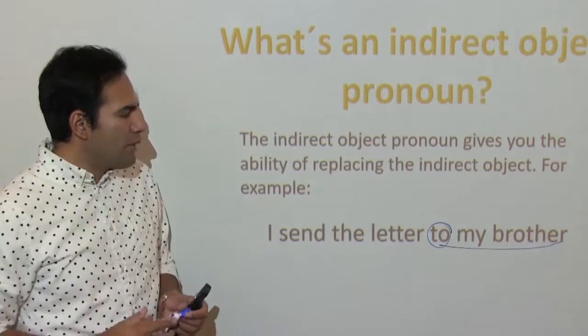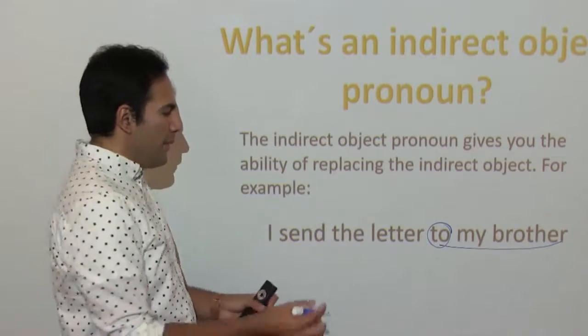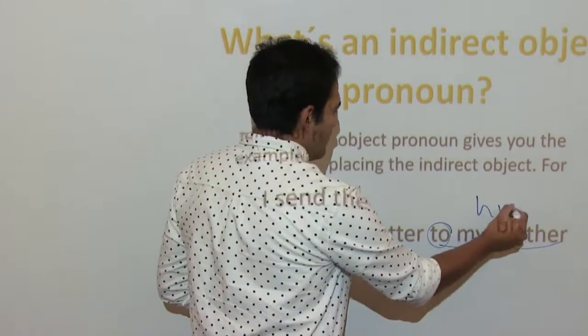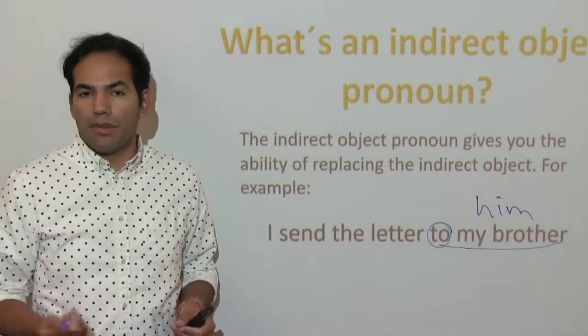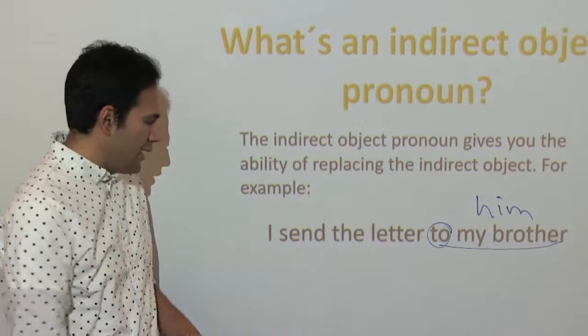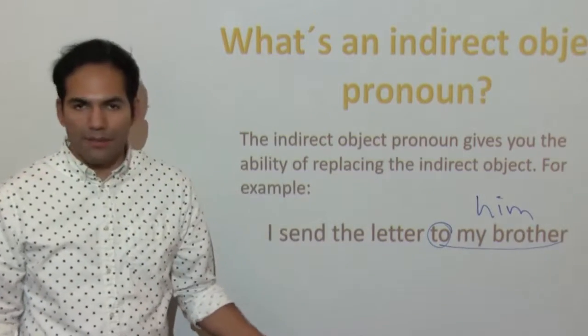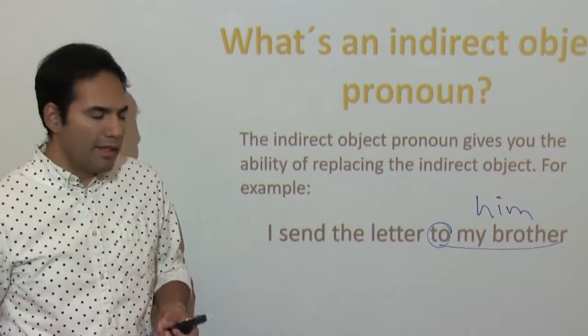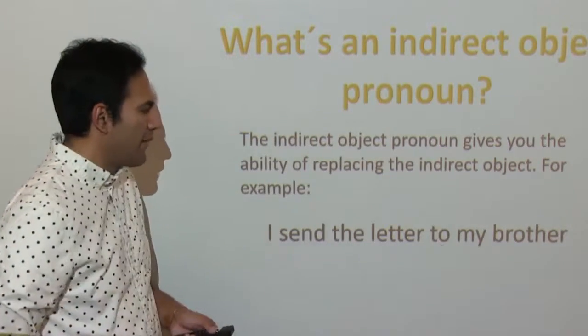In English, a pronoun that we would use instead of my brother would be, I send the letter to him. So him is going to be an indirect object pronoun, and that replaces completely my brother, because him is talking about my brother. Therefore, we can say that.